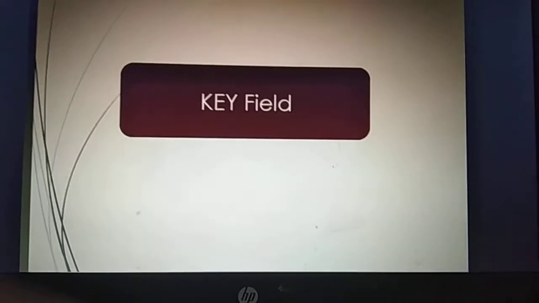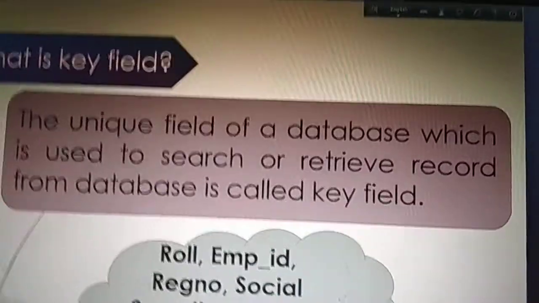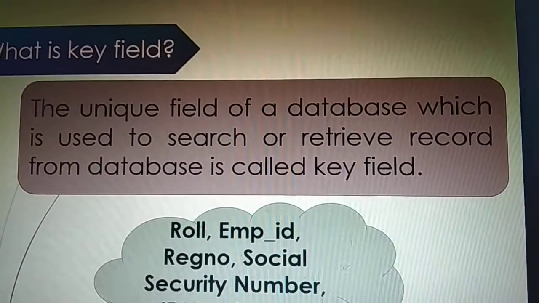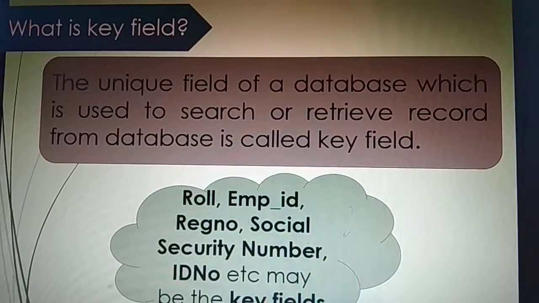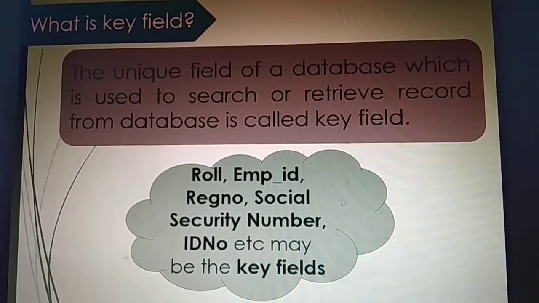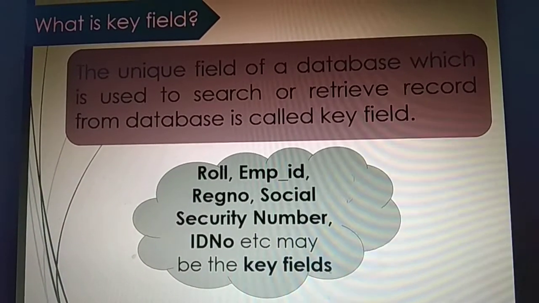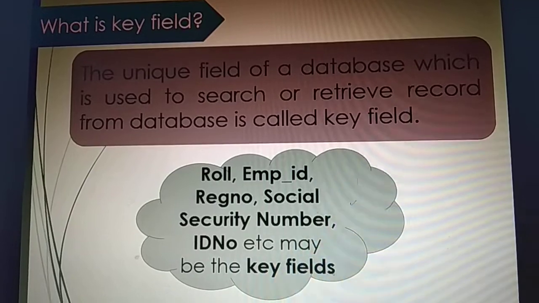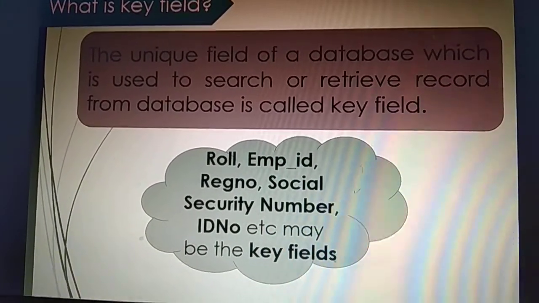Now comes another topic, key field. What is a key field? The unique field of a database which is used to search or retrieve a record from the database is called a key field. That means in a database there may be many fields, but not all the fields are equally important for the user to search or retrieve information from the database.